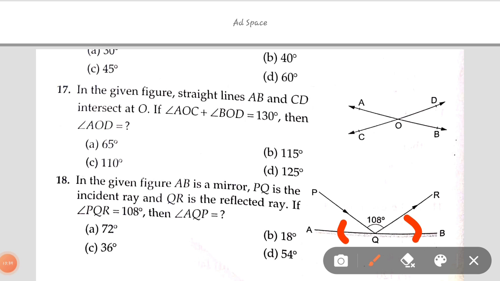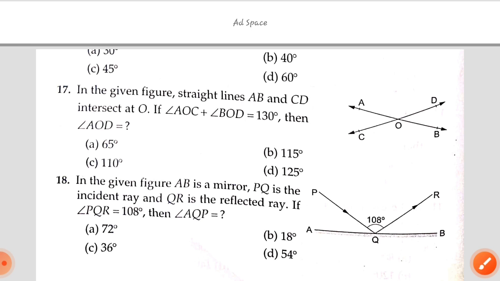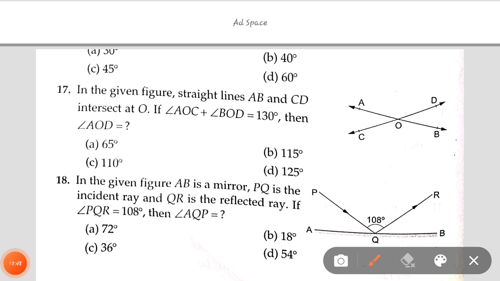Then x plus 108 plus x is equal to 180 degrees. Then you can find x, because from the rule of reflection, the incident angle and reflected angle in the given mirror are equal. 18 number, answer is 36 degrees.